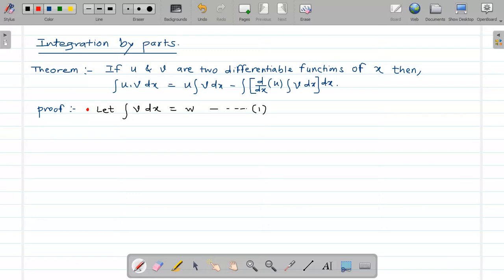Now by the antiderivative concept, that is, by the definition of integration, if the integration of v dx is equal to w, then the derivative of w with respect to x must be equal to v. That implies dw by dx is equal to v. This is by the definition of integration.